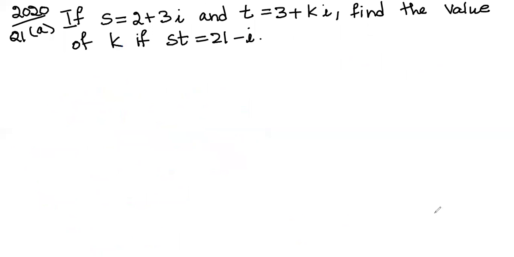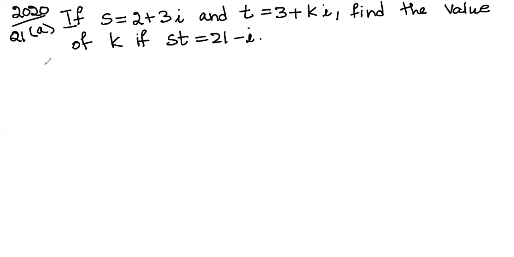Right. Let's look at 2020 now. If s equal to 2 plus 3i and t equal to 3 plus ki, find the value of k if st equal to 21 minus i. This is also a pretty common question.